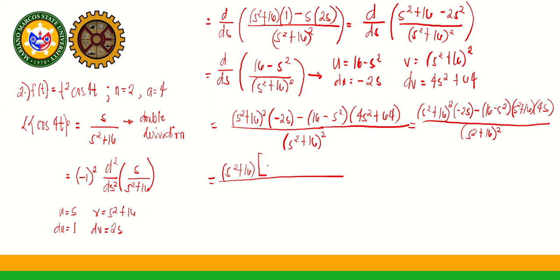So we factor out si s squared plus 16, and then matitira will be s squared plus 16 since naka-square siya.